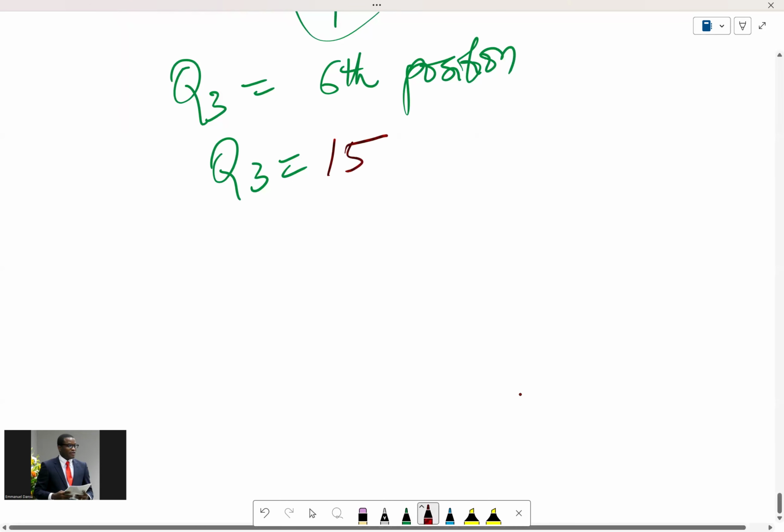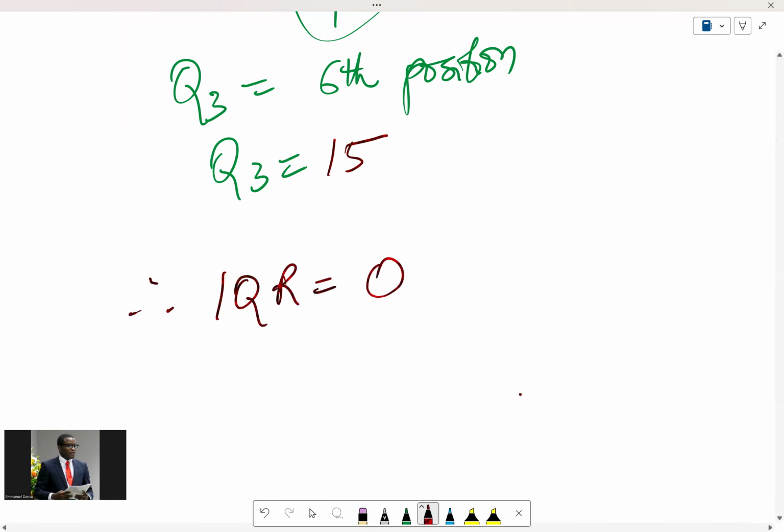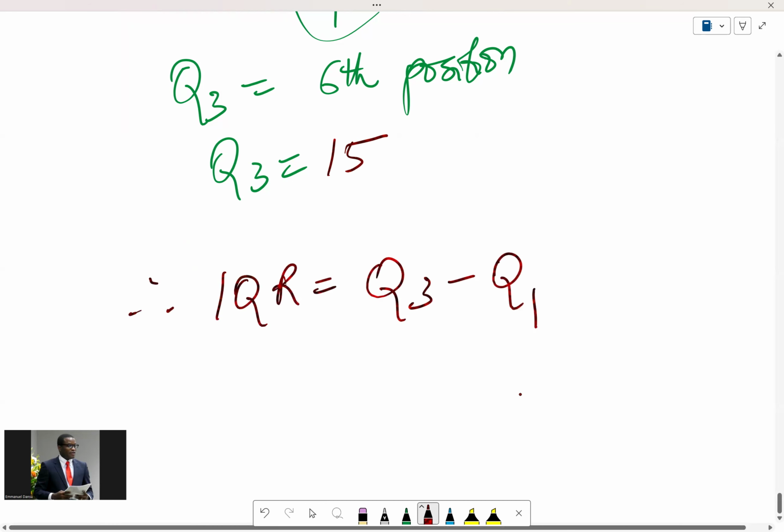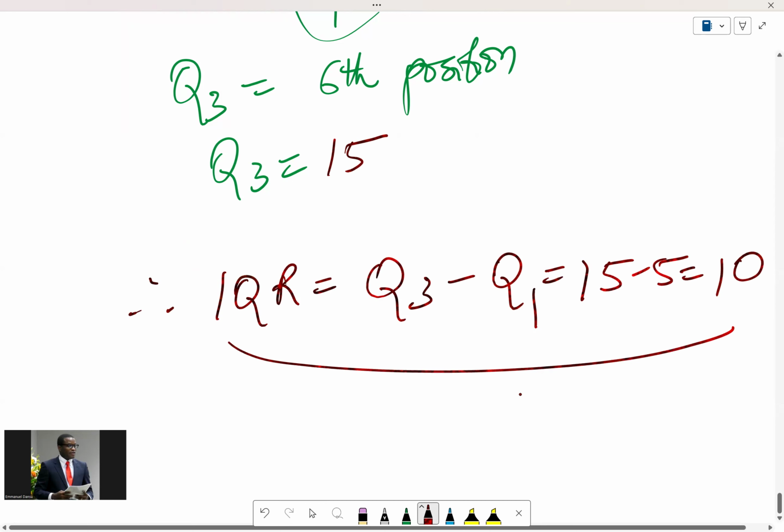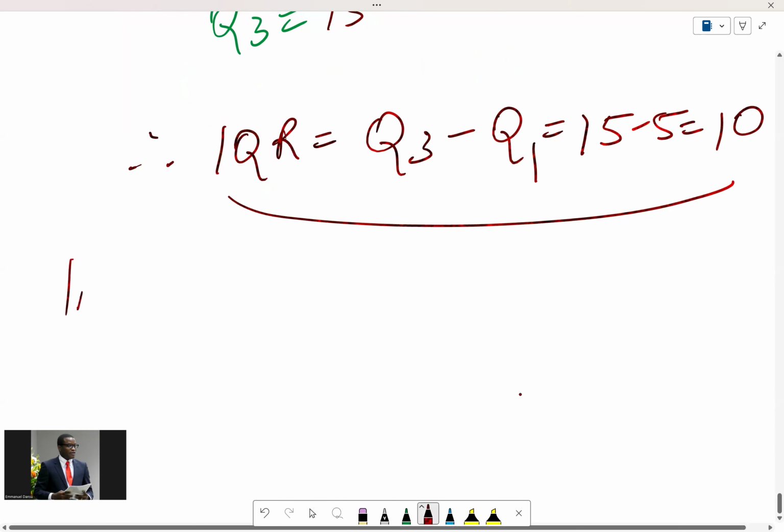So now we can say therefore the IQR is equal to Q3 minus Q1, which is 15 minus 5. So the interquartile range here is simply 10. So that's just that. We can interpret that.